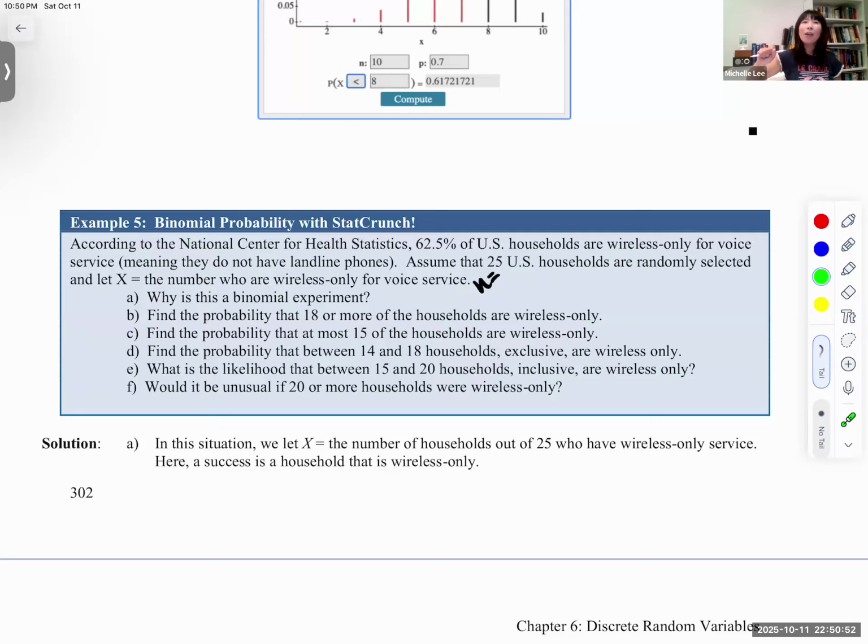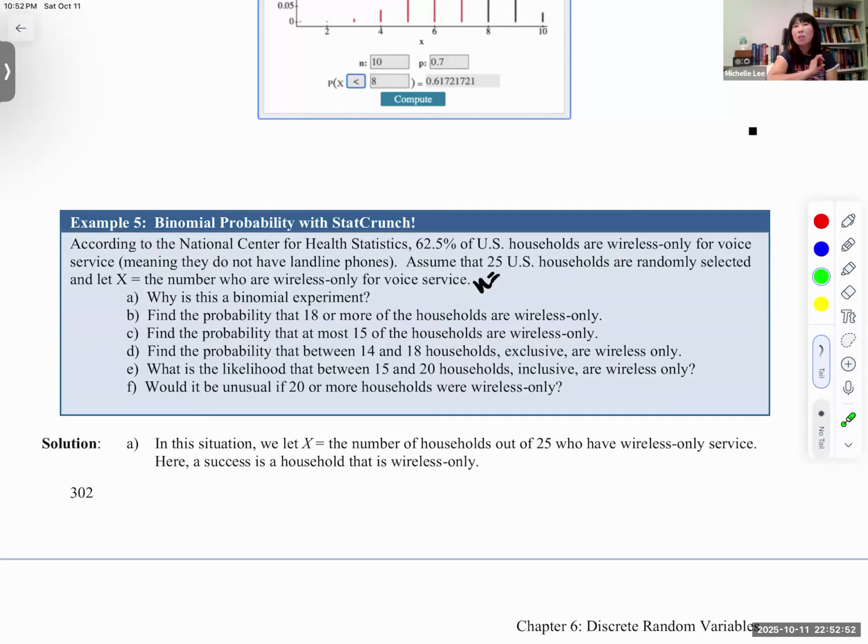The sample of 25 is less than how much? 5%. Yeah, 5% of the total number of US households. So 5% of 8 billion is 400 million.